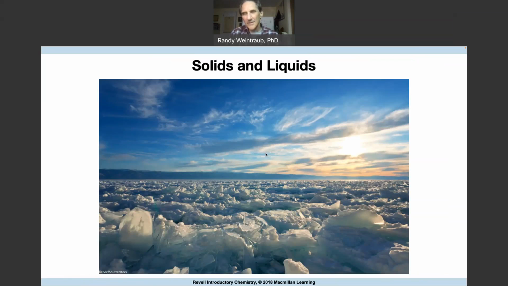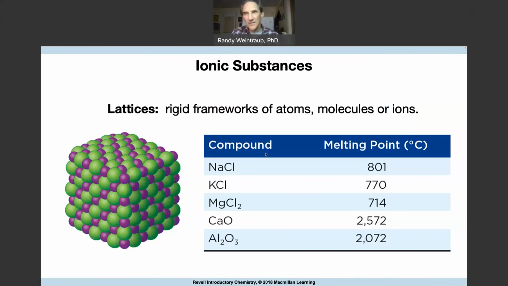In solids and liquids, the forces of attraction that hold particles in place are great. The forces vary for different types of substances. In this section, we'll explore some of the different ways the particles are arranged within solids and liquids and learn about the properties that result in their unique structures.